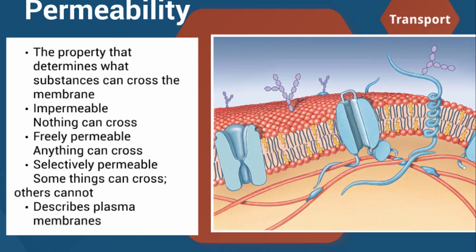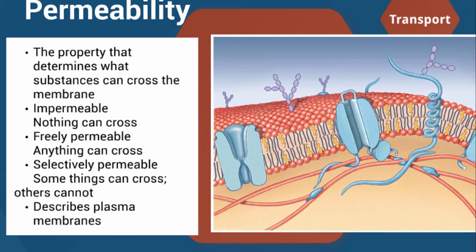In the case of the cell membrane, only relatively small non-polar materials can move through the lipid bilayer. Remember, the lipid bilayer tails are non-polar. Some examples of these are other lipids, oxygen and carbon dioxide gases, and alcohol.